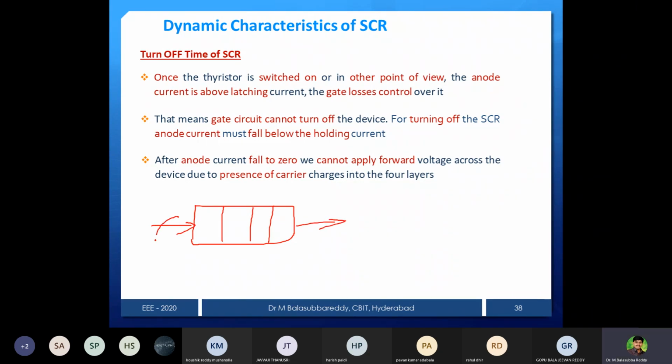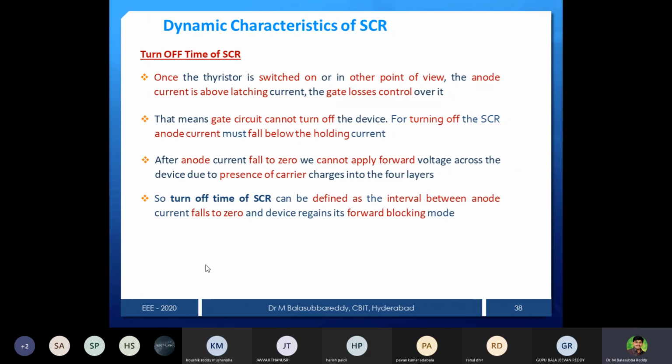Even though you cut off on this side, the already existing charge particles are present, and I need to remove them completely. So the turn off time of SCR can be defined as the interval between the anode current falling to 0 and the device again being able to block the voltage.